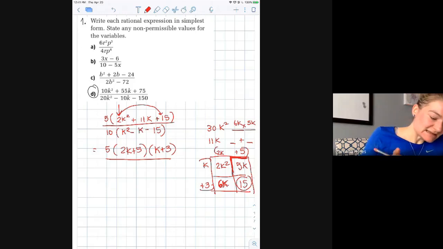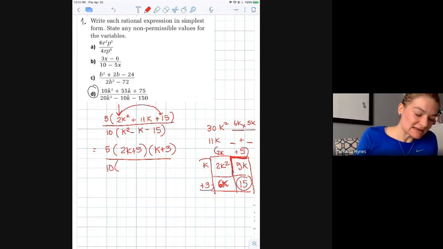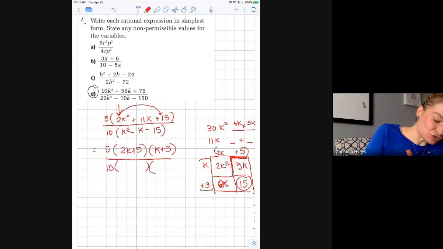At the bottom, I still need to factor k squared minus k minus 15, and there's a shortcut here. I just need to find two numbers that multiply to -15 and add to the middle, which is -1.